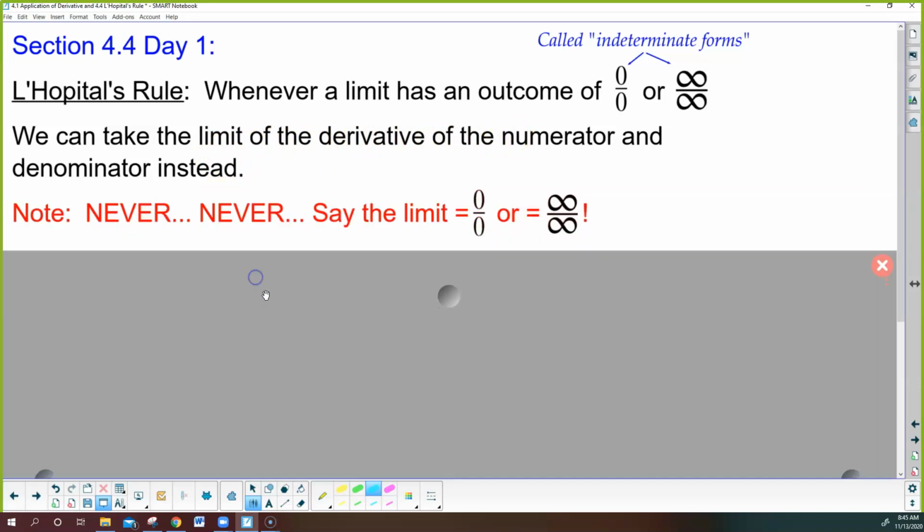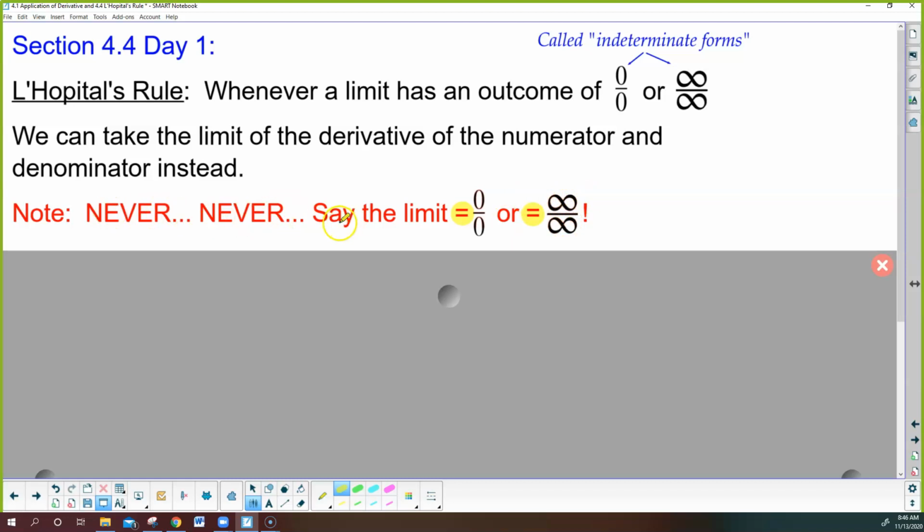There's one thing that I think I really have to stress. When we're doing a limit and we notice that it's an indeterminate form, that just means we cannot determine our answer yet. So you cannot say that the limit equals 0 over 0 or infinity over infinity. Never ever say that.